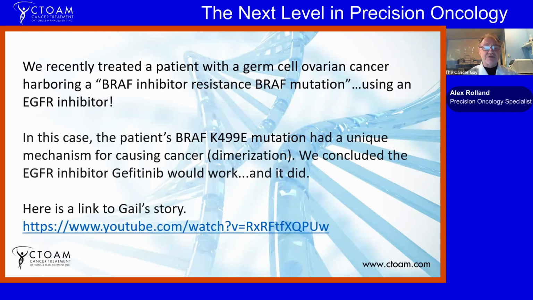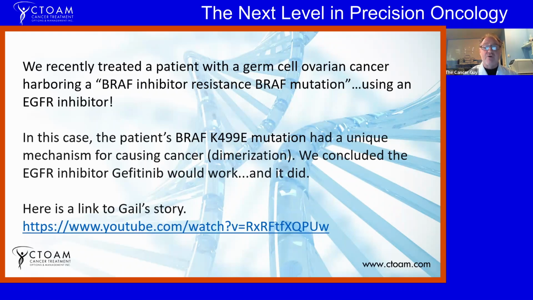So we sequenced her genome, or her tumor genome, and we found that she had a BRAF mutation. Now, when we looked at this BRAF mutation, we realized it wasn't one of the targetable mutations. So normally there's a BRAF V600E mutation, and that's targetable by a class of drugs called BRAF inhibitors. And if you have that mutation, then you can take a BRAF inhibitor. Unfortunately, this was a unique mutation.